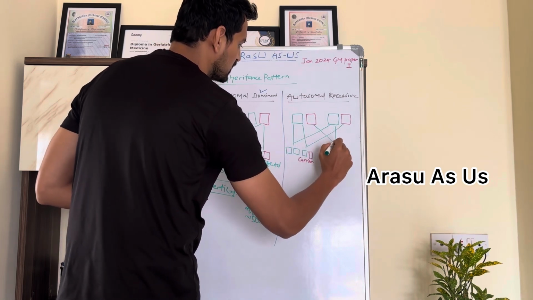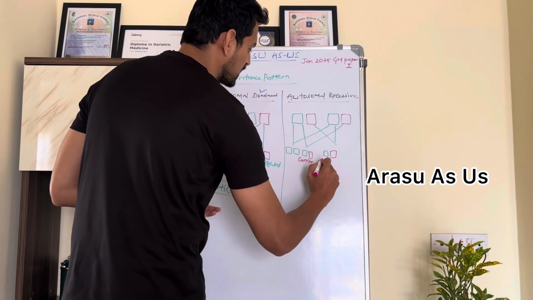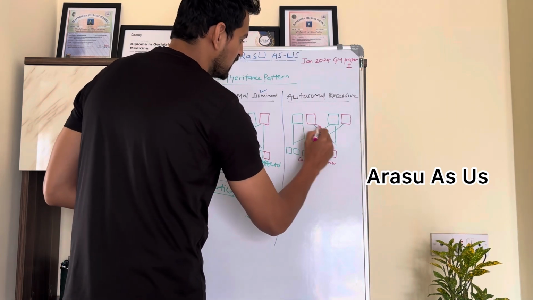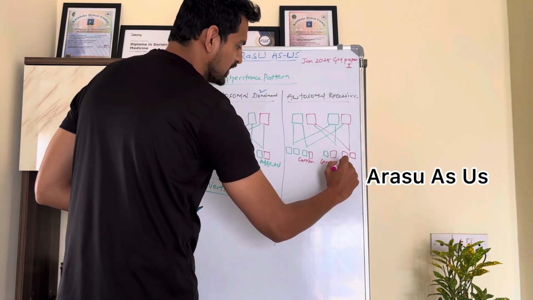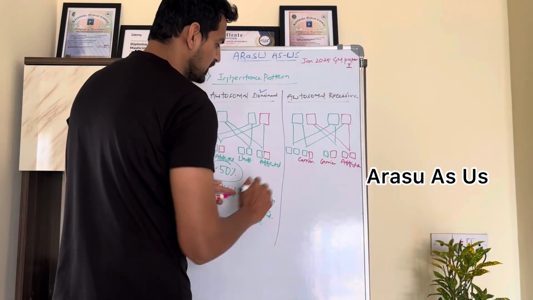Similarly here, one mutated allele leading to carrier state, and here both are mutated. So definitely the disease will manifest. So this will be the affected child, and this first one remains unaffected.